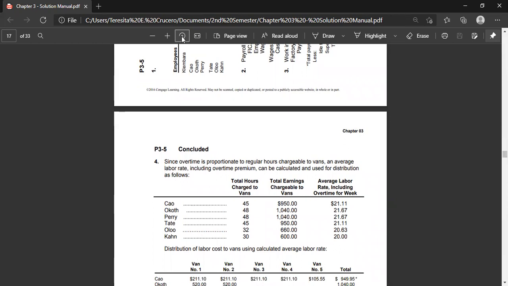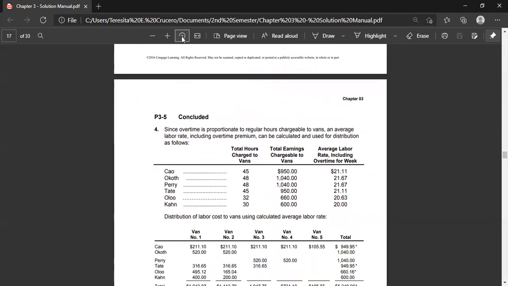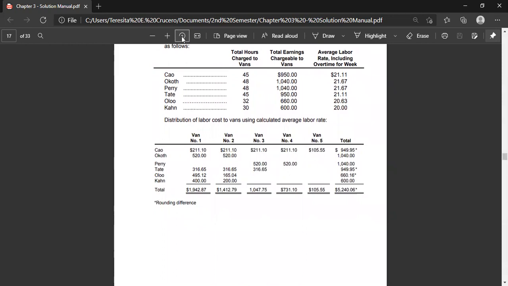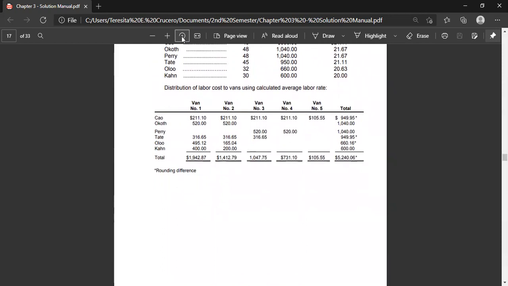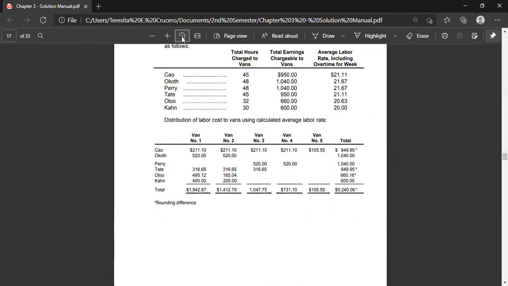Distribution of labor costs to vans by using the average labor rate. So now for Cow, we get van number one is 211.10. That's for Cow, multiplying 10 hours allocated to van number one, and you multiply that by 21.11.